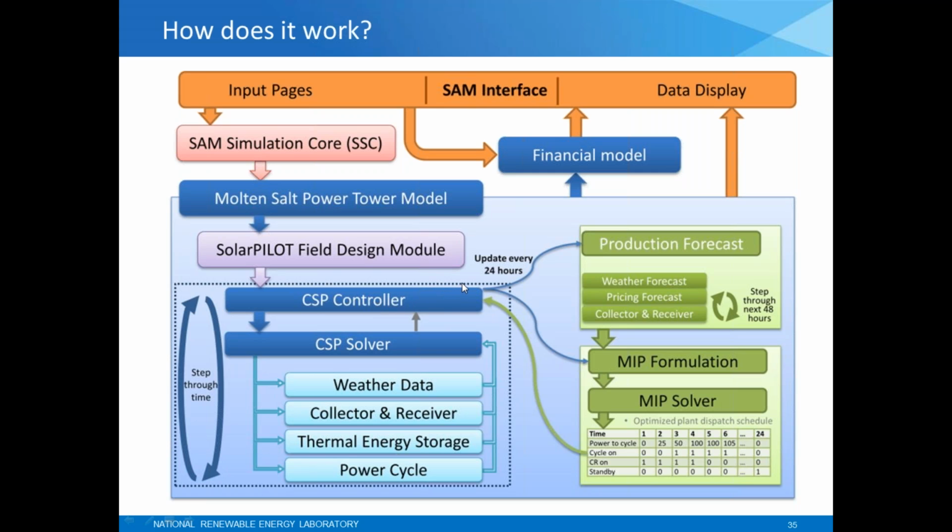So if you're doing the heuristic, you have a set of rules and you march through and just run the simulation. But if you wanted to do dispatch optimization, now you have to stop about every 24 hours and go out to the production forecast model, say what's coming, get an estimate of the performance of the system and the pricing. And then it goes into this formulation called a mixed integer program.